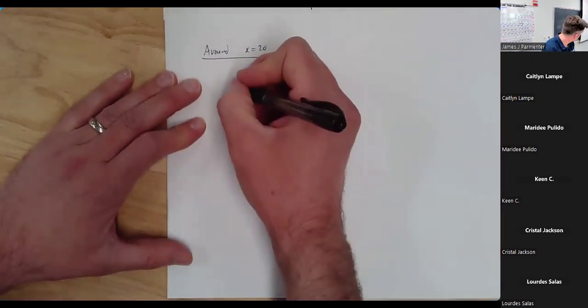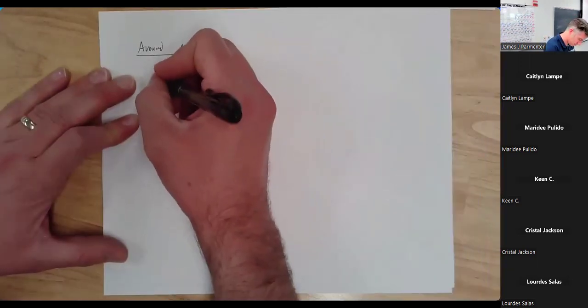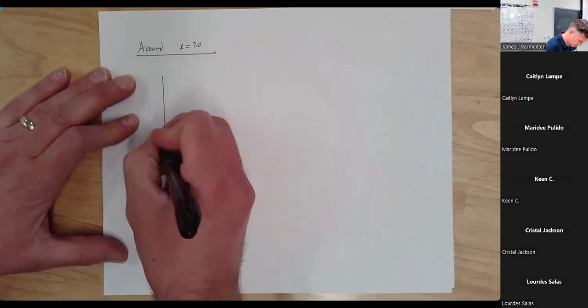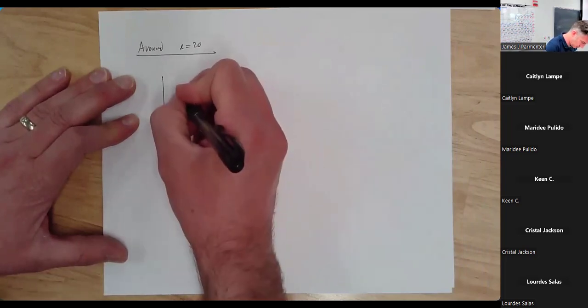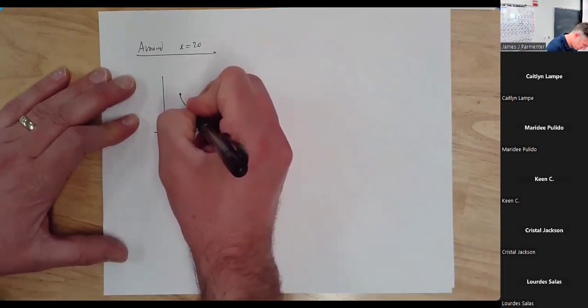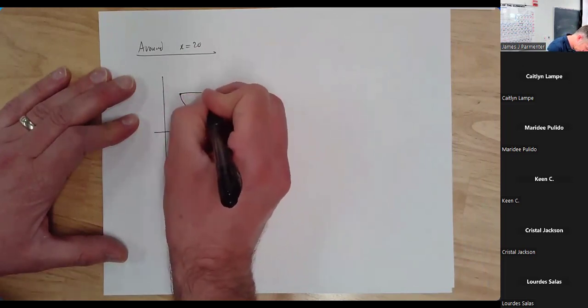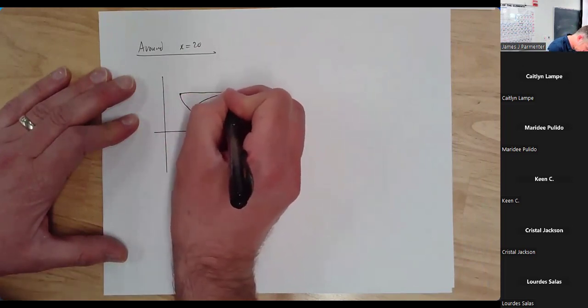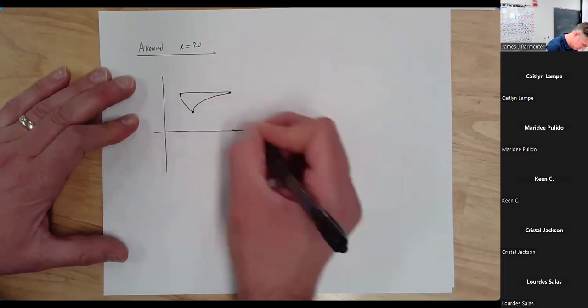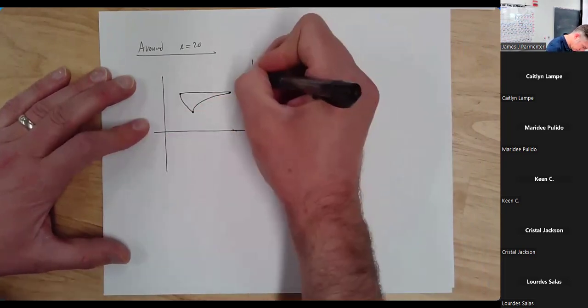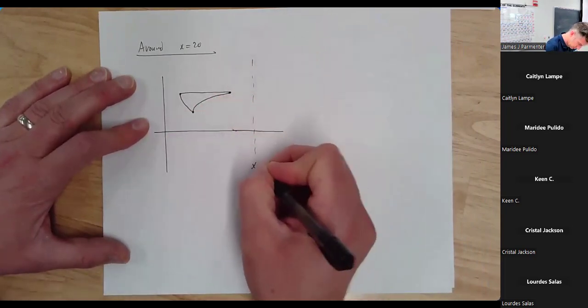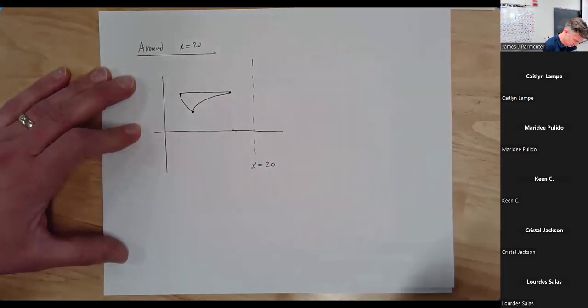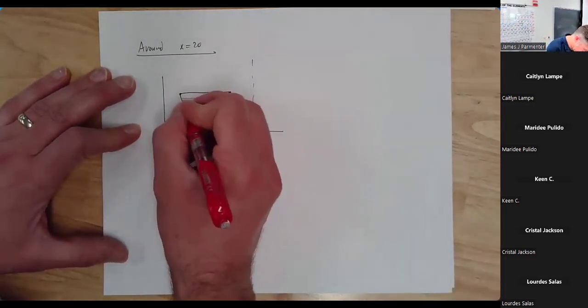Okay, so same region. There's my horizontal strip again.